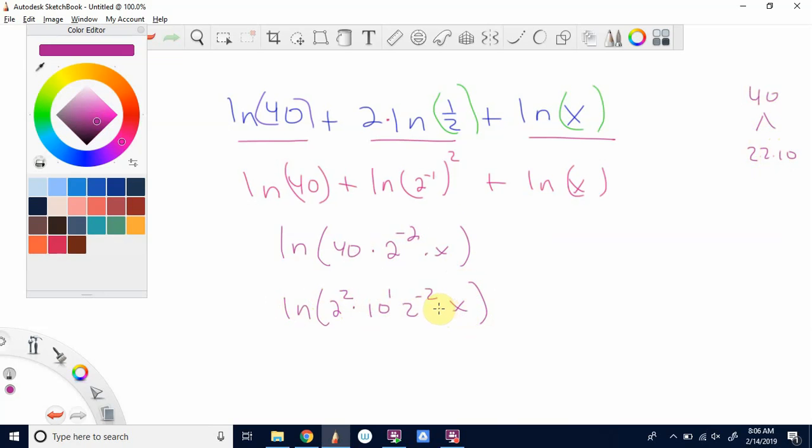This is simple exponential forms, right? This all means multiplication. So what do I know? 2 squared times 2 to the negative 2, I have exponent rules, just basic. It's 2 minus 2, which is 0, which is 1, so I'm left with the natural log of 10x. That's your answer. But you've got to know that this simplifies. If you leave the answer like this, it will be wrong or I will take points off. This would be the final answer.